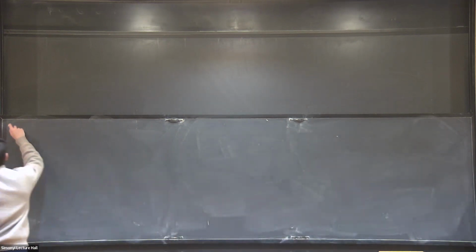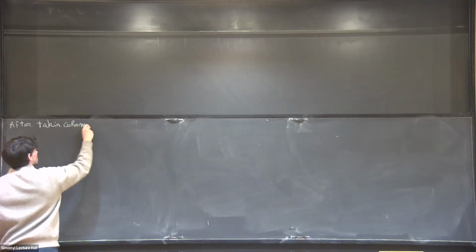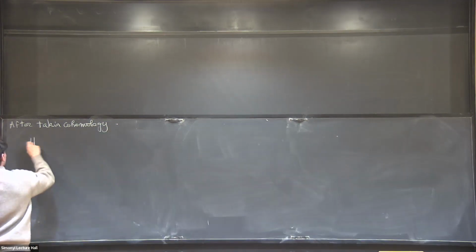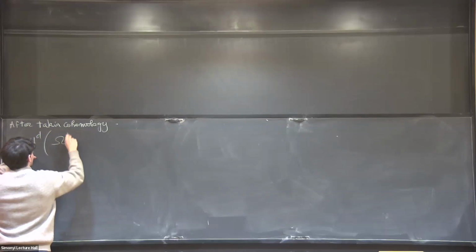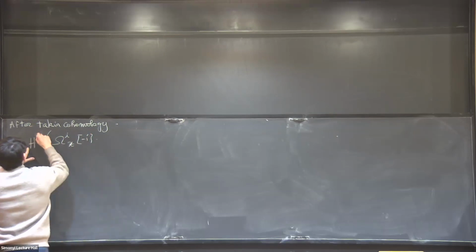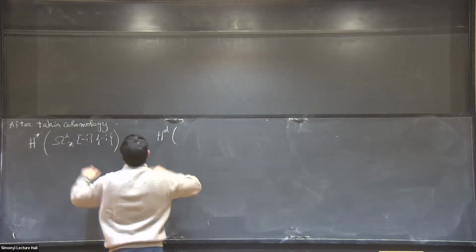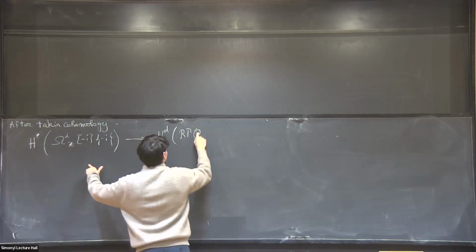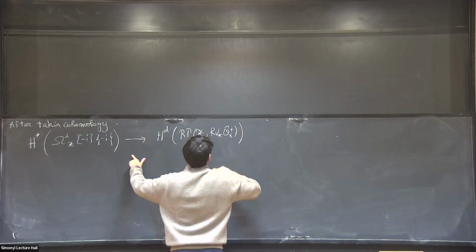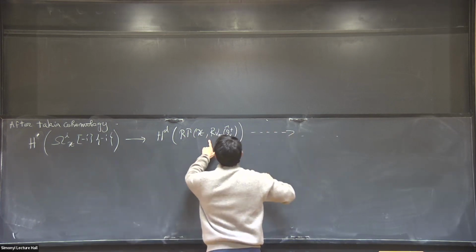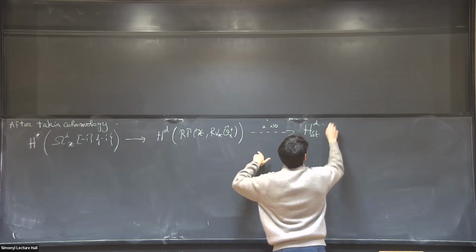So in the end, after taking cohomology, you get a map from the HD of, let's say, omega x I minus I to the HD of R nu of x plus, and this is where Faltings' primitive comparison theorem says that this is an almost isomorphism to the etale cohomology.